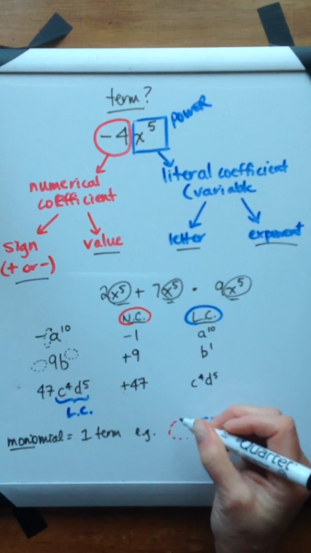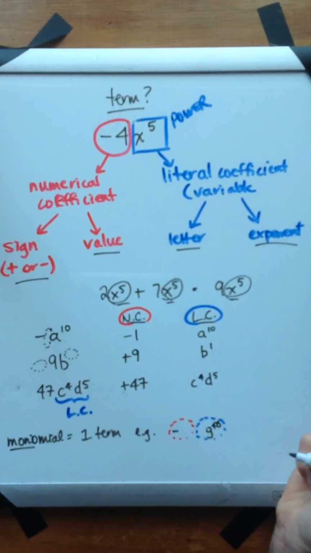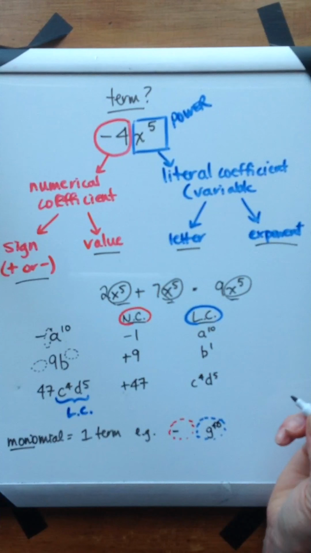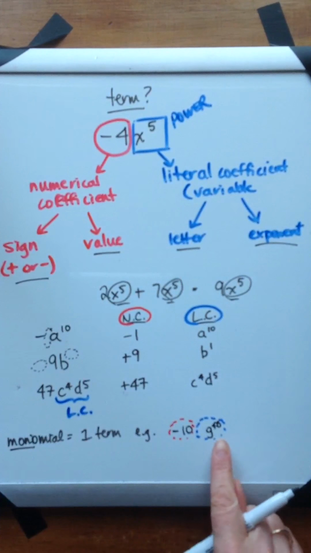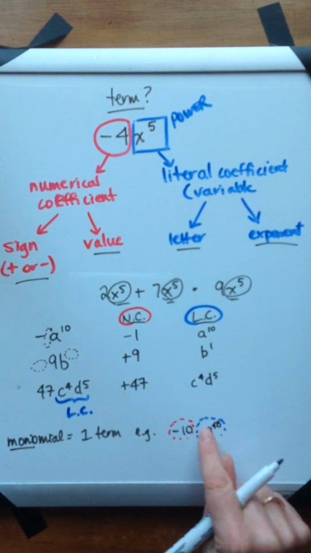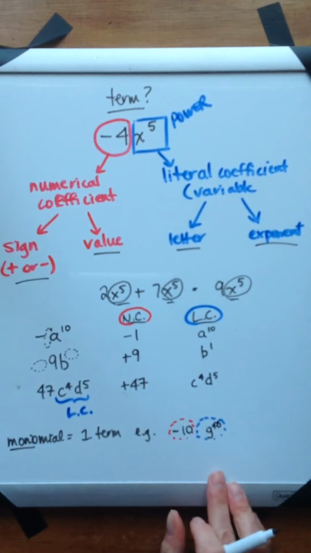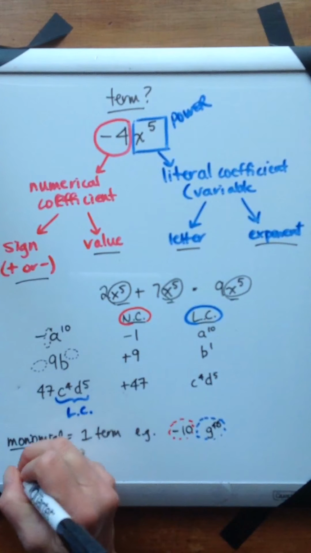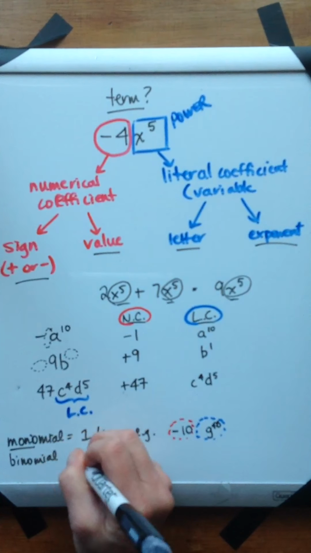And for the numerical coefficient, let's make it negative, and we'll do something like a 10 here. Okay, so negative 10g to the 48th. And there would be no space. We would put these side by side. I just wanted to clarify the different parts of that term. A binomial means that there is a collection of two terms.